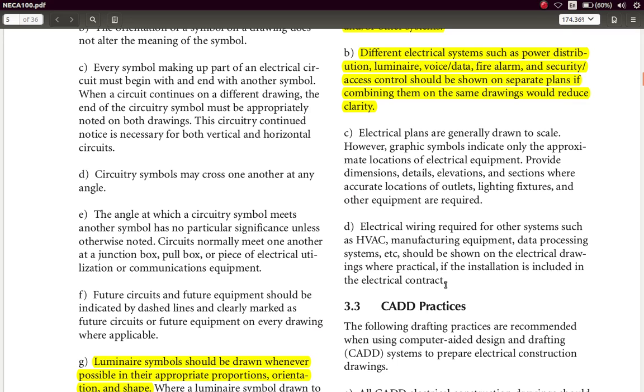If wiring these security systems and data processing is not included in the contract, then you may leave them out and leave the contractor who will do that work to show them.